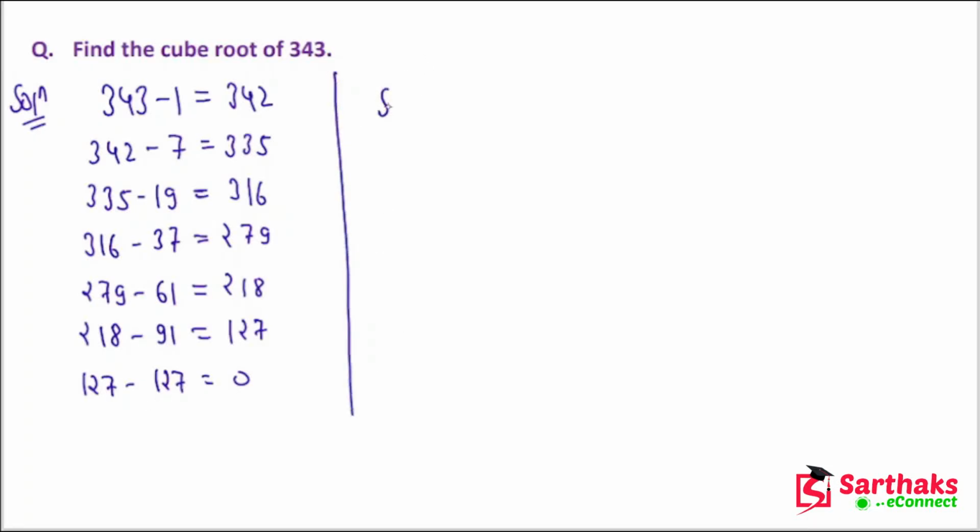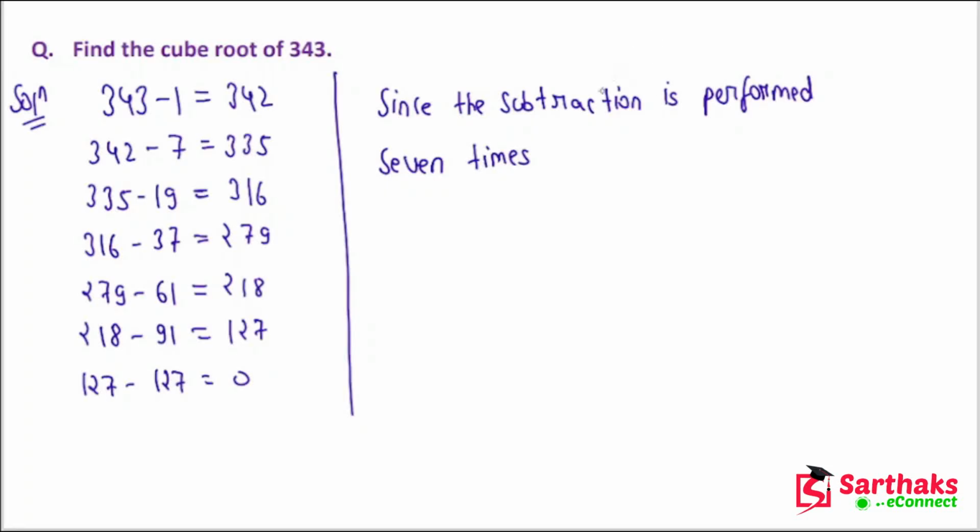So we can write that since the subtraction is performed seven times, therefore cube root of 343 is equal to 7.